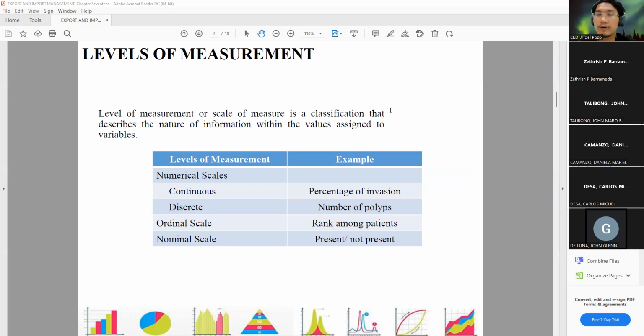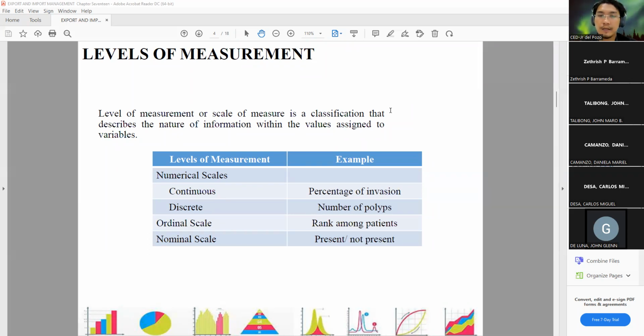They are ranked accordingly. The lowest type of level of measurement is the nominal scale, followed by the ordinal, and then followed by the numerical scale. The numerical scale is divided into 2 parts, which are the discrete and the continuous. Now, how do you define those two?